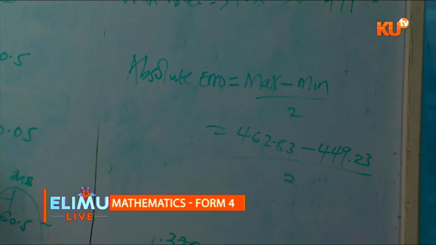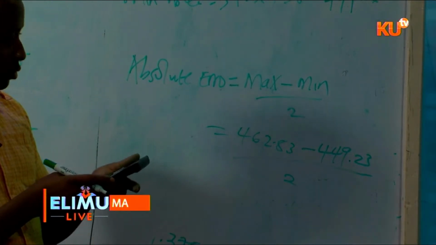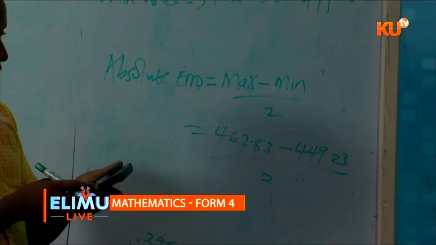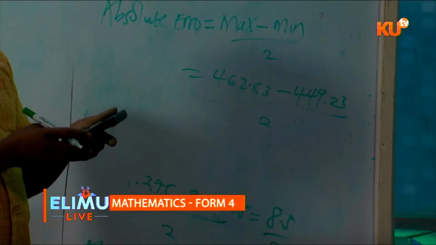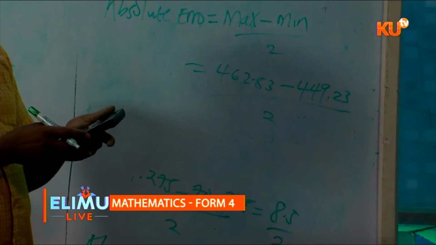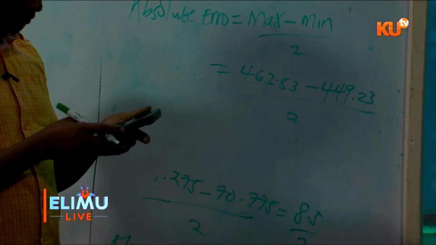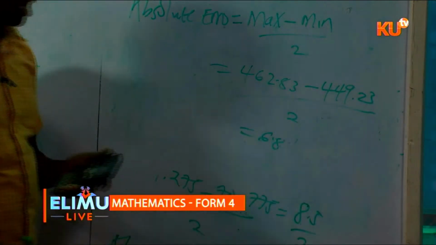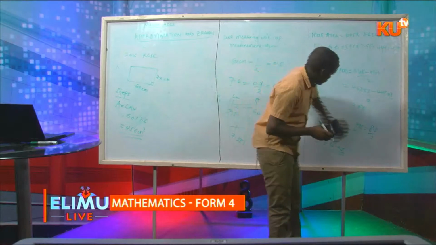So take your calculator, do the same. 462.83 minus 449.23 divided by 2. You get 13.6 divided by 2. You get 6.8. That is our absolute error.